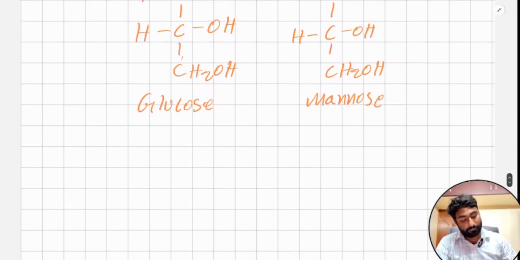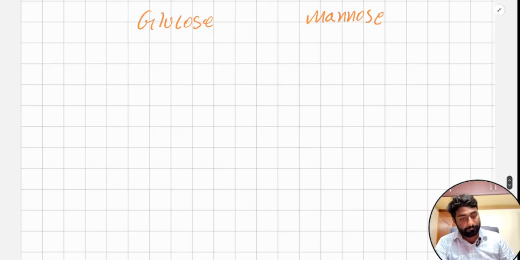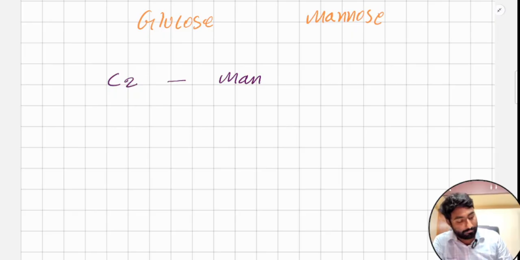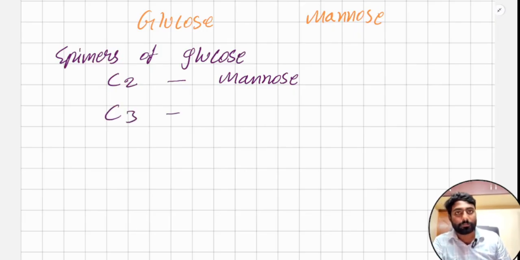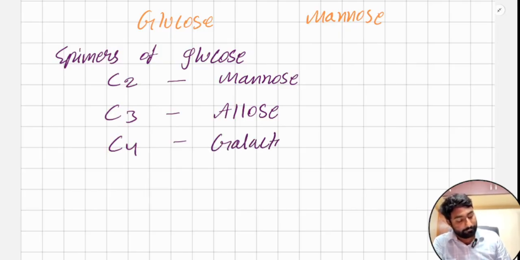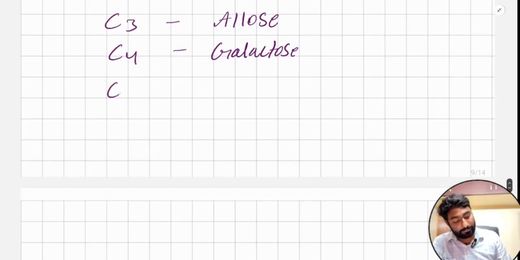In the same way, the C2 epimer of glucose is mannose. We are writing epimers of glucose. The C3 epimer of glucose is allose, the C4 epimer is galactose, and the C5 epimer is idose.